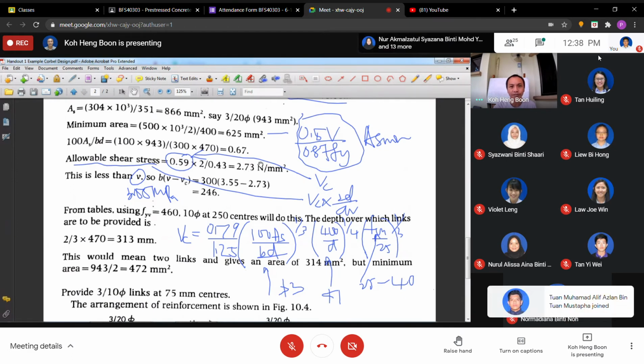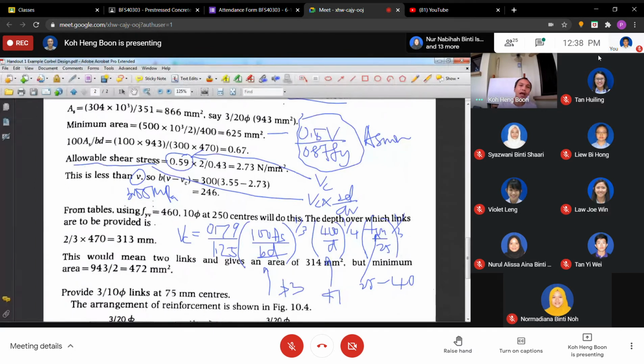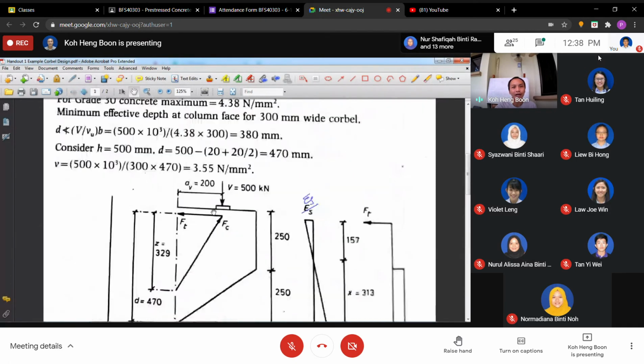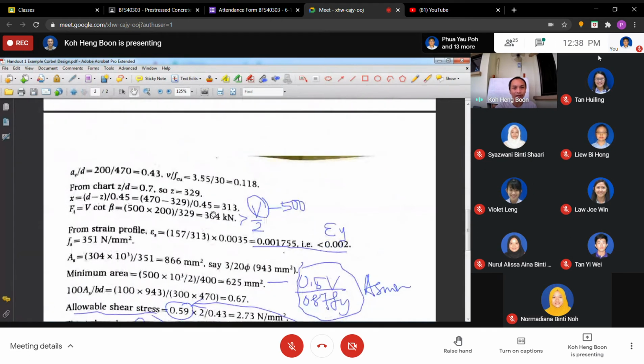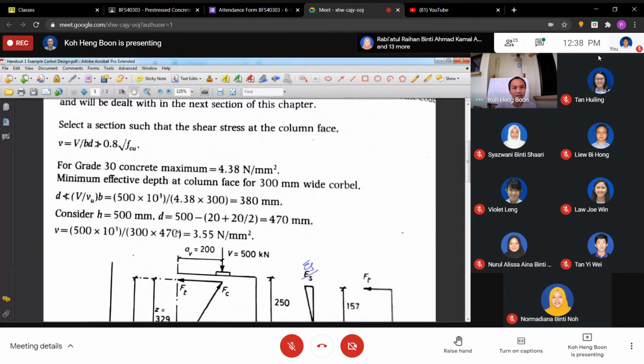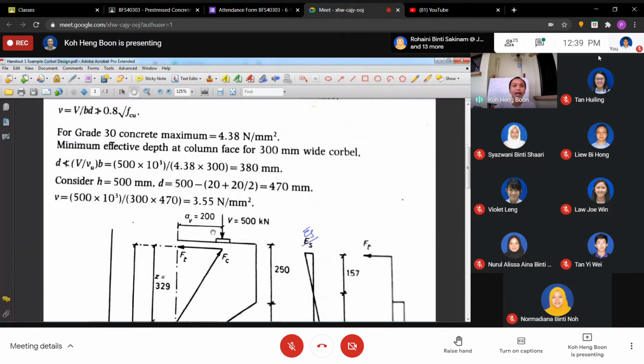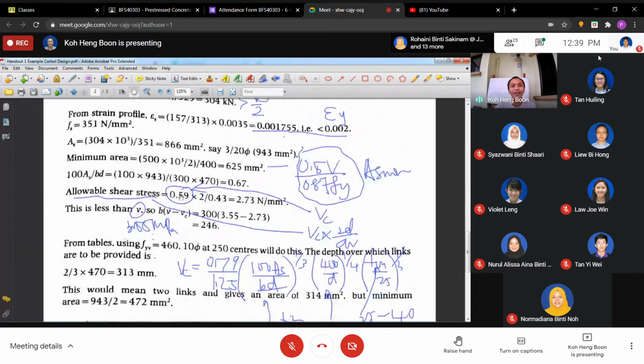Just now got mentioned in the notes, some engineers prefer to make sure that the design shear stress, this value, 3.55, is less than the VC. Less than VC is actually too conservative.